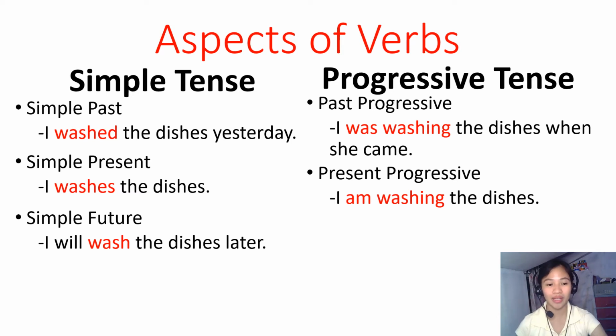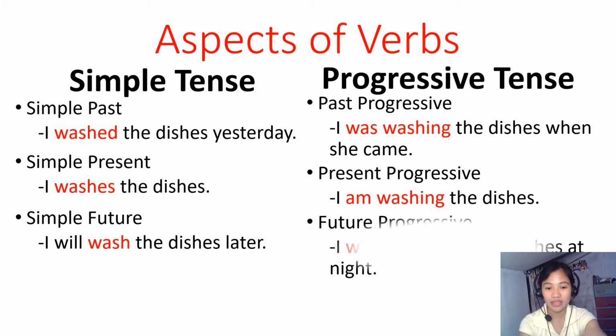As you can see in my example, I will wash the dishes later. Will is being added to our verb, will wash. This is to show that it will happen in the future.